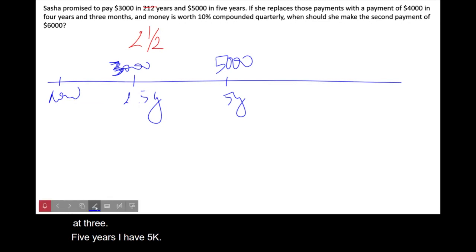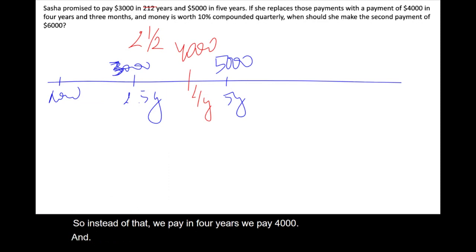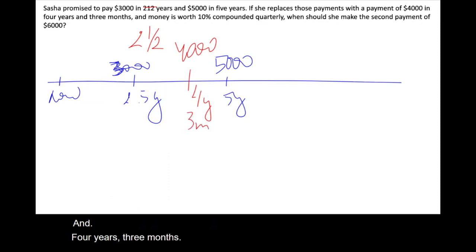So instead of that, we pay in 4 years 3 months, 4,000, and somewhere here we pay $6,000.